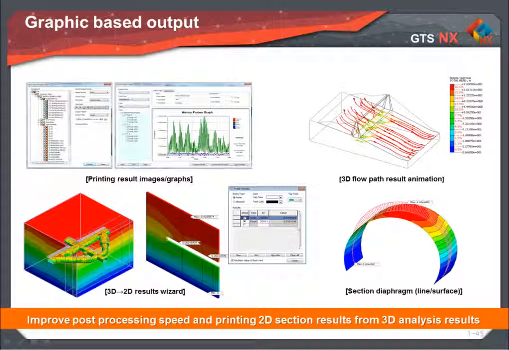GTS NX features a powerful post-processing engine that is capable of converting complex models into simple cross sections, clipping planes, and contour line representation. We can choose from a wide array of display options that have been designed to meet a variety of project needs and preferences.